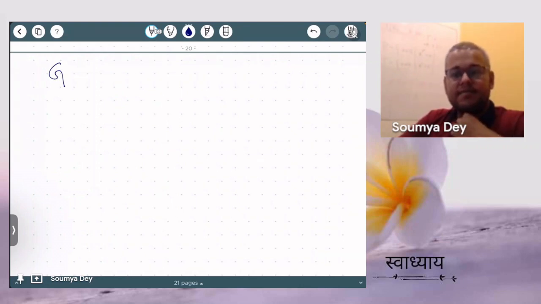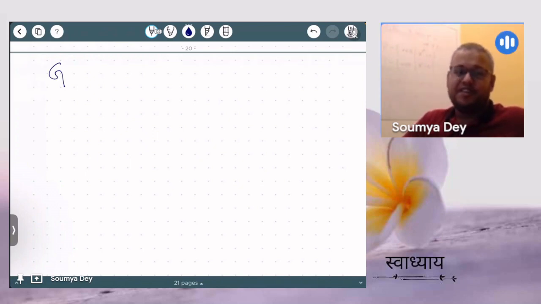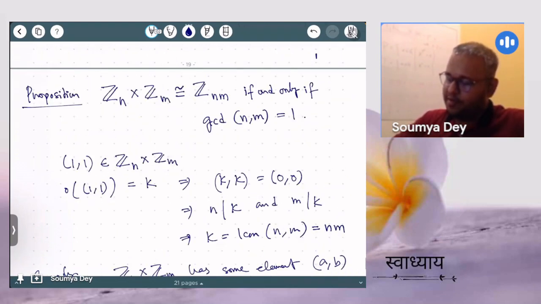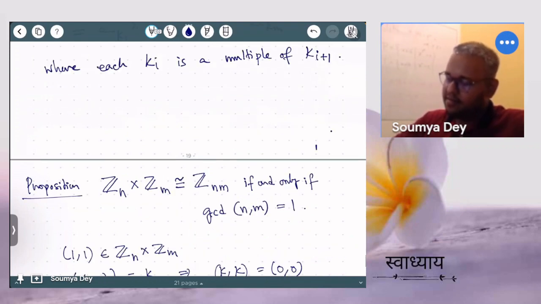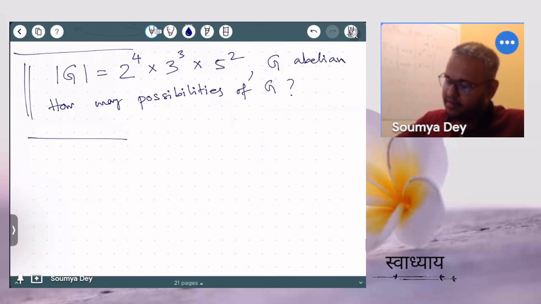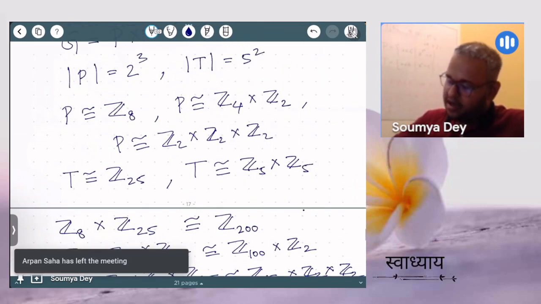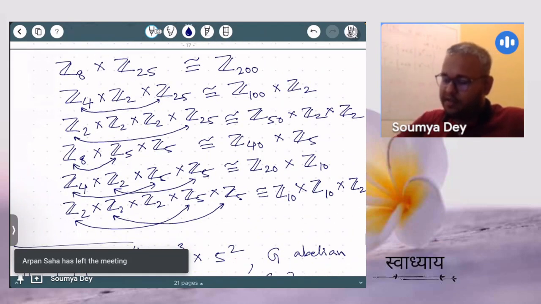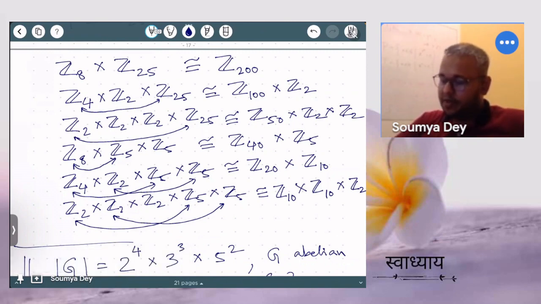As you say, we can write the abelian group Z200 in 6 ways. But the above result showed that we can write the abelian group in more than 6 types. No. See, the rules are different. So in case of the first way of writing, okay, let me go back. Whatever you are seeing on the left, what is the rule?